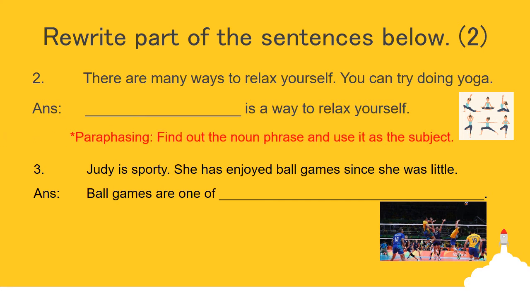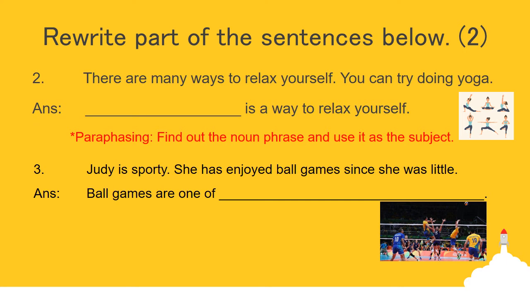Here are sentence number two and number three. For number two, there are many ways to relax yourself. You can try doing yoga. And the hint to the answer is you should try paraphrasing. That is, find out the noun phrase in the original sentence and use it as the subject when you write the sentence. Number three, Judy is sporty.